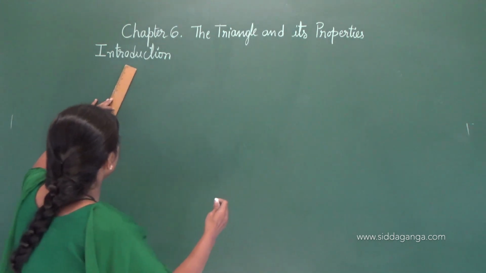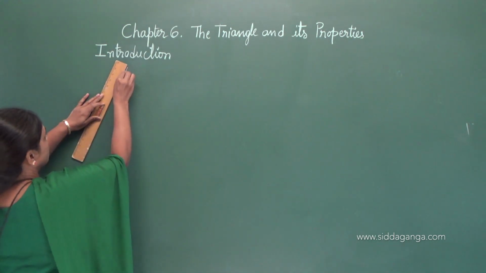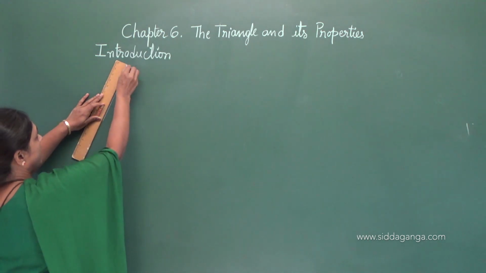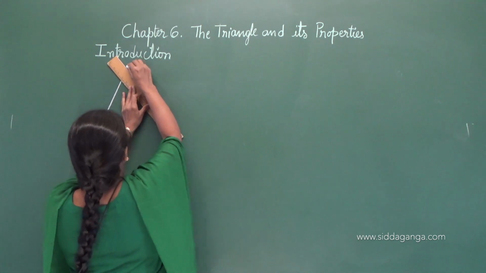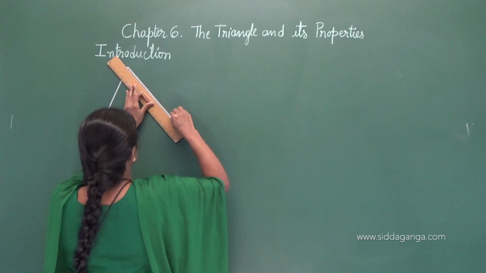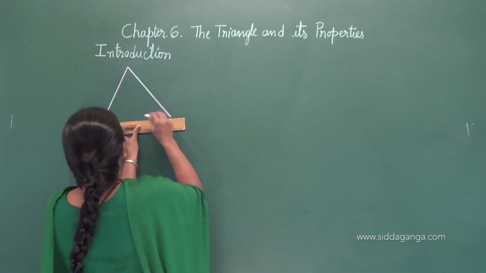You know how to draw a triangle. Tri means three angles, consisting of three different angles. So this is a triangle.